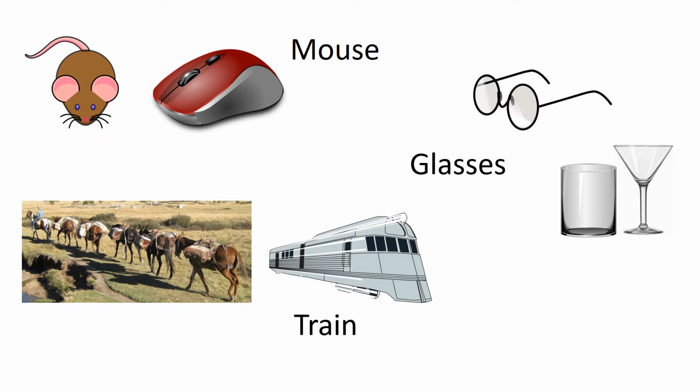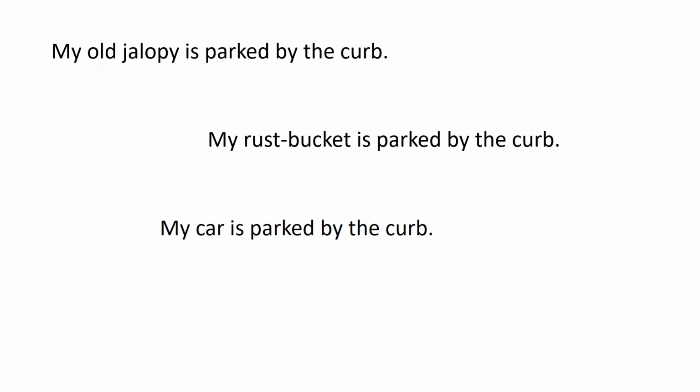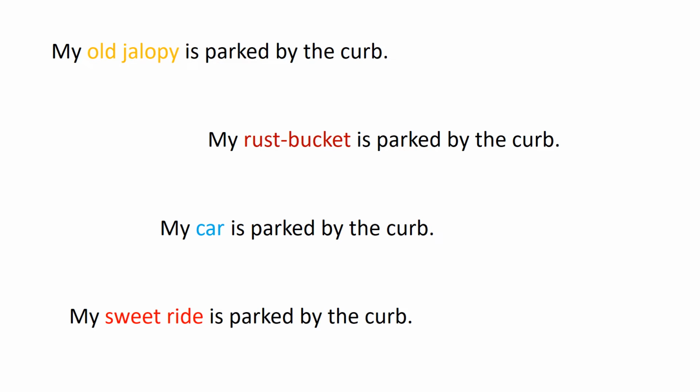Consider, for example, these 4 sentences. My car is parked by the curb. My old jalopy is parked by the curb. My rust bucket is parked by the curb. My sweet ride is parked by the curb. If you don't know what my car looks like, these sentences each evoke a different image in your mind.